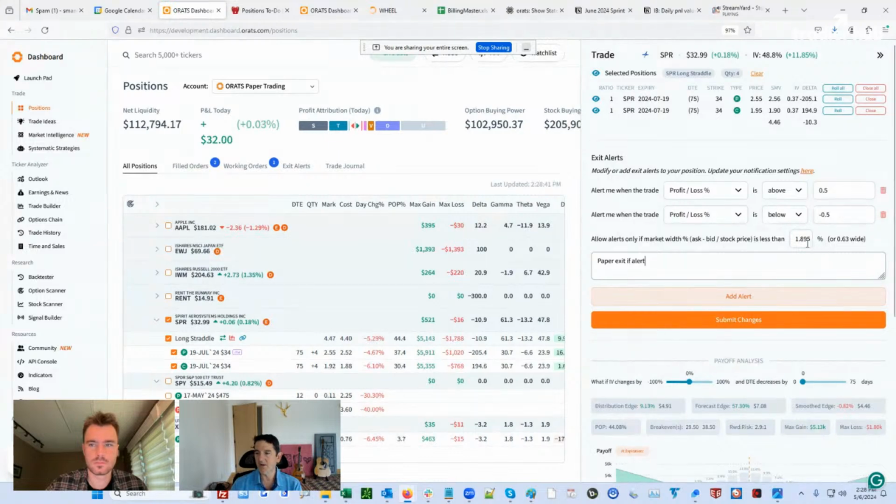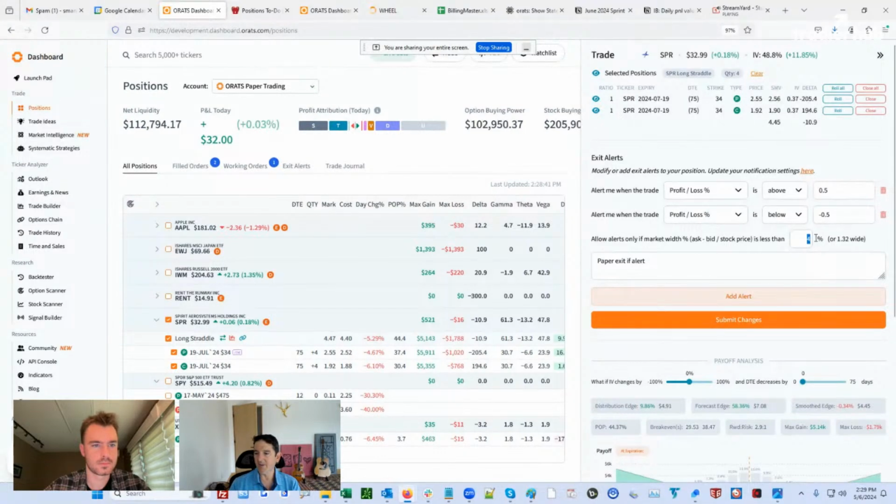And then it also will only exit if it's somewhere near the width. So if an option really widens out, it's not going to just send off all these alerts. It is only going to alert you if it's a stable market width. Now you might say 63 cents is wide, but this stock is pretty wide, so I'm going to be okay with it. I could change this to 2%, for example, and that changes it slightly.